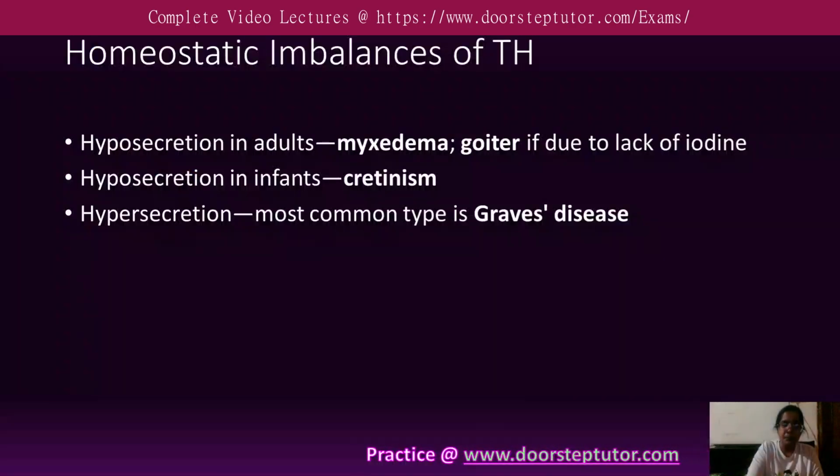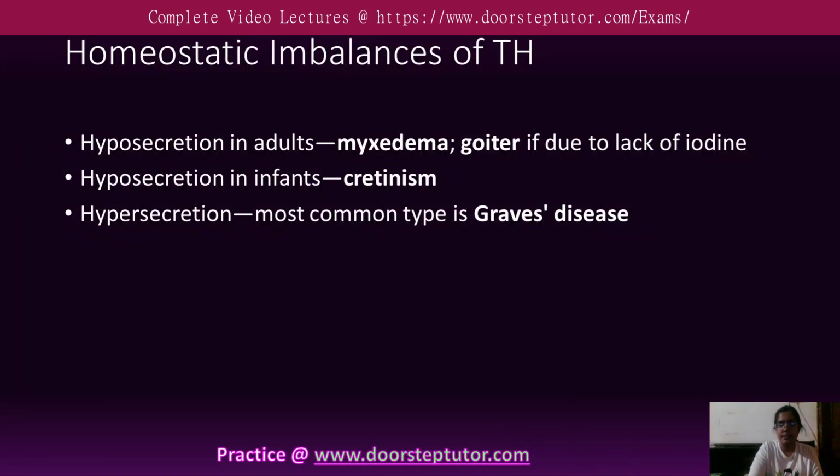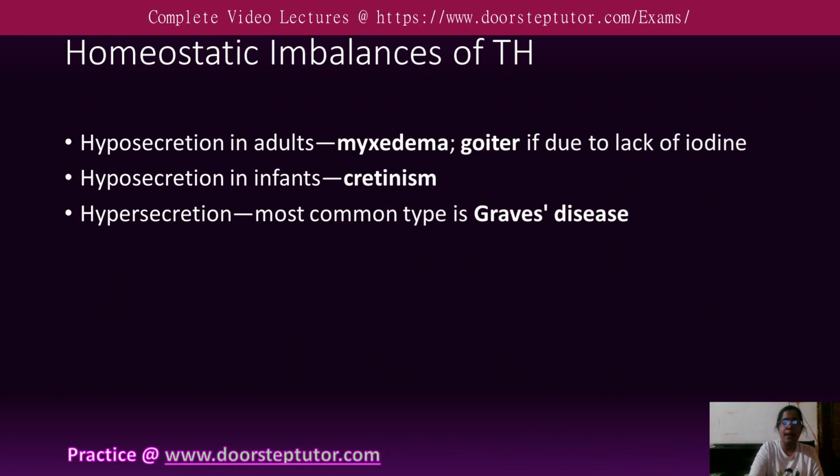Homeostatic imbalances of thyroid hormone. Hypersecretion: if there is more secretion of thyroid hormone, T3 or T4 released more abundantly, it leads to hyper conditions and creates a disease, that is Graves' disease.